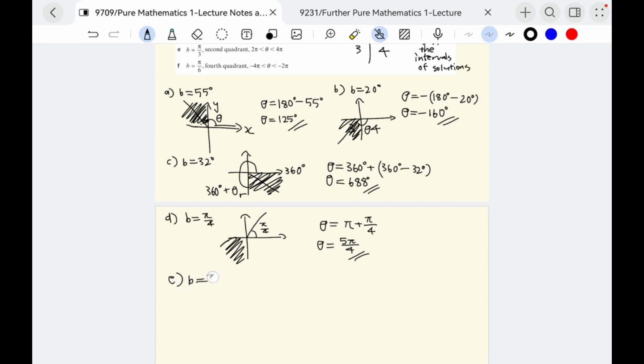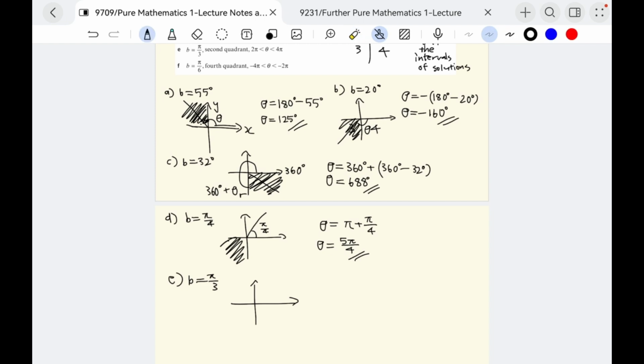Good. E: the base angle equals pi over 3 and it wants the second quadrant. Simultaneously, look at its interval. It starts from 2 pi to 4 pi, which means this angle has made a complete cycle.